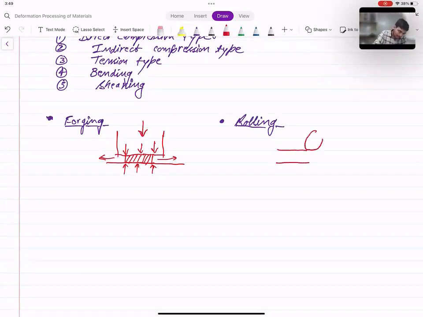So various rollers are used to apply compressive loads, these rollers rotate like this, and the workpiece now, due to the application of stress by these rollers, flows like this, and its cross section gets reduced. So it was initially like this, and this is my finished product from the rolling operation. Okay, here you can see stresses are being applied here at these points. So this is the rolling operation, which is also a direct compression type operation.